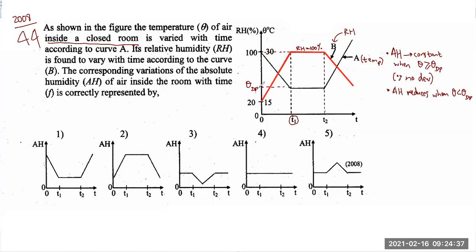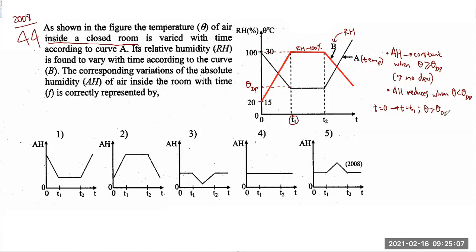I think we can say around 20, or 18, 19, something like that. If you go with the scale, that would be the dew point. So when time is equal to T1, temperature is equal to the dew point. Hope you can understand that, right? So let's analyze quickly. When time is from 0 to T1, room temperature is greater than dew point.